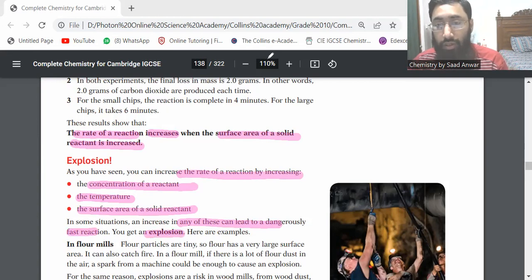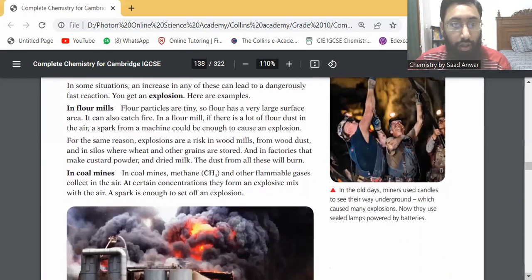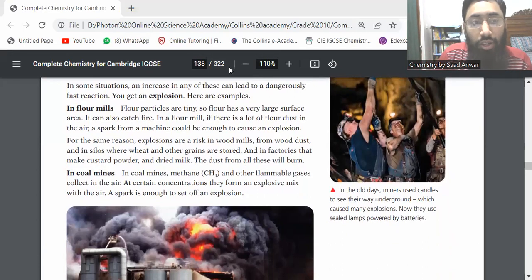Okay, let me discuss some interesting things with you as well. Explosion. Usually we think that explosion takes place in metals, but remember, explosion takes place also in non-metals. Like in flour mills, flour particles are tiny, so flour has a very large surface area. It can also catch fire.